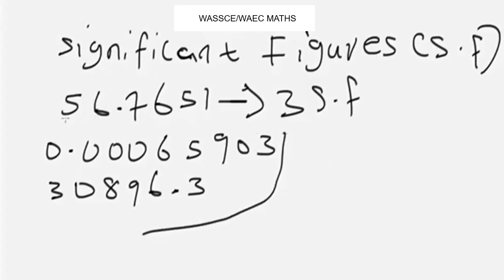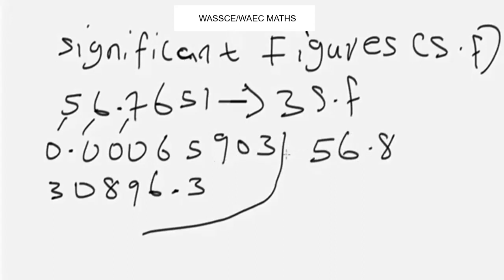So this will be a significant figure, this will be a significant figure, and this is also a non-zero number. The 6 after 7 is up to 5, so you approximate it as 1 and add it to this 7, it will now be 8. So 56.7651 to 3 significant figures will be 56.8. So that's the idea.